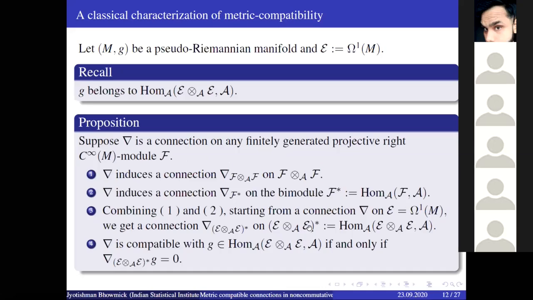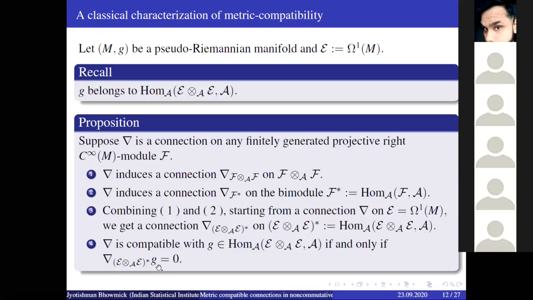G belongs here, so it makes sense to apply nabla (E tensor E) star to G.